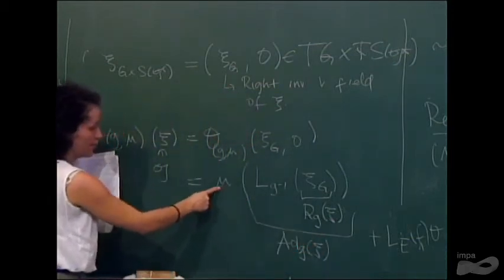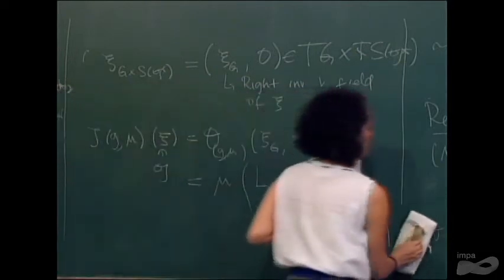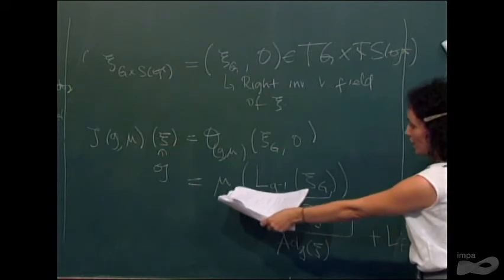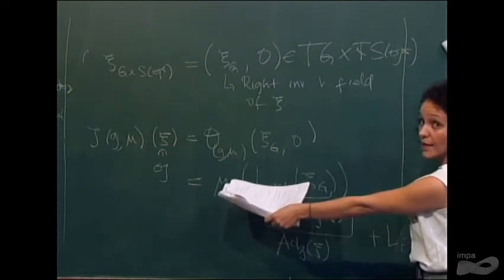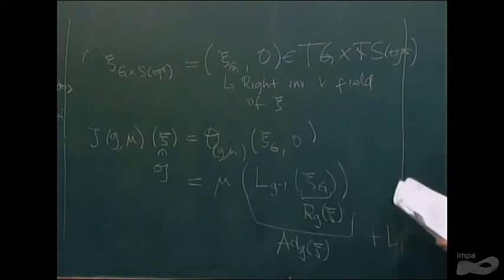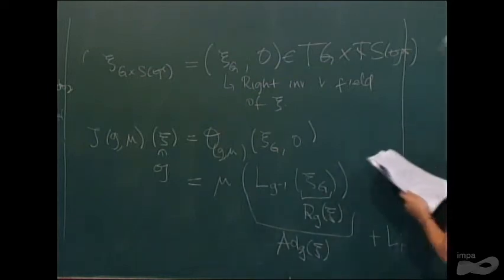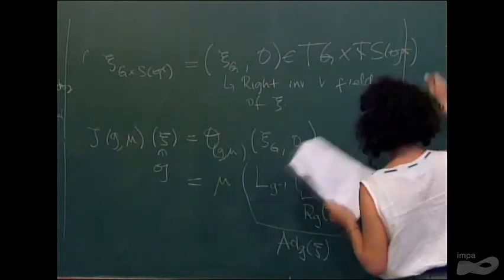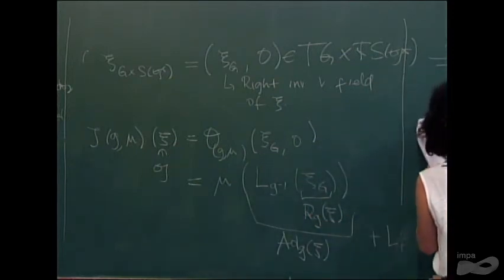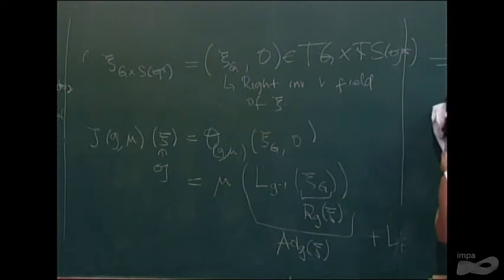And then this is just the pullback of the coadjoint applied to mu evaluated at theta. Well, I will write the conclusion here. So J of g mu is equal to the coadjoint at g applied to mu.